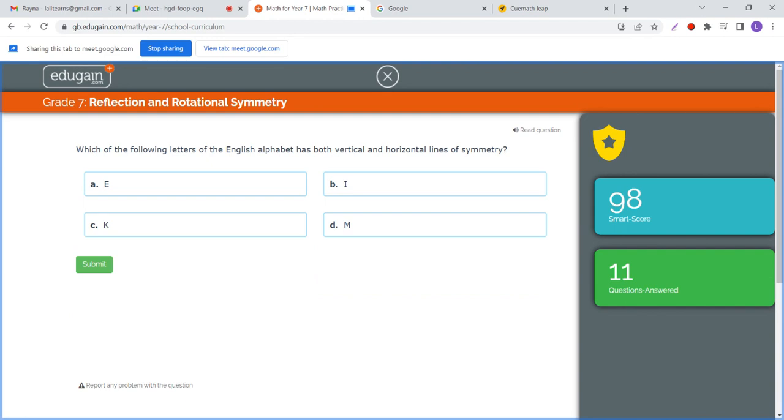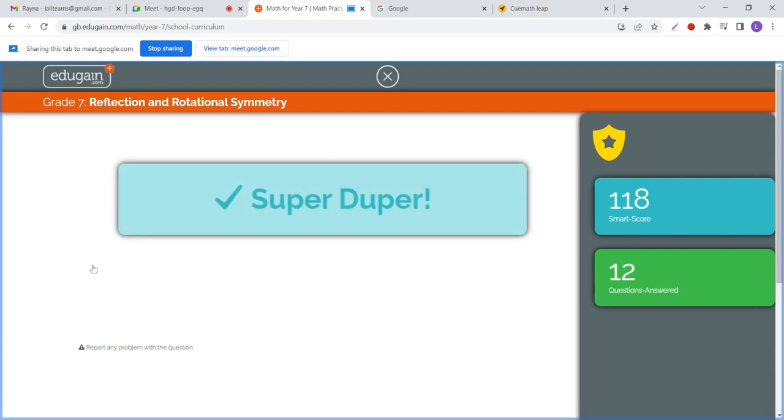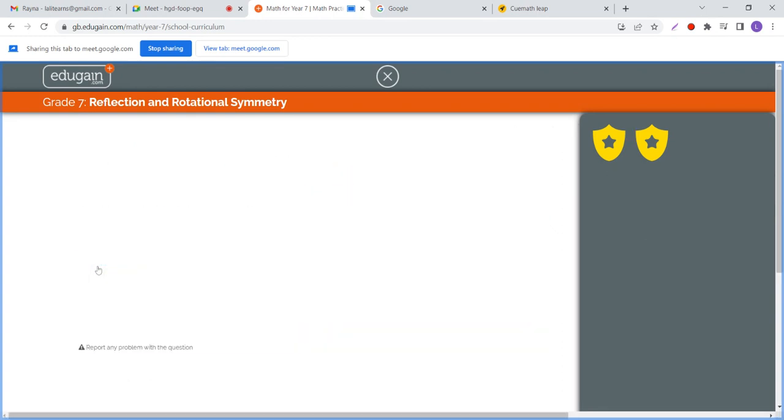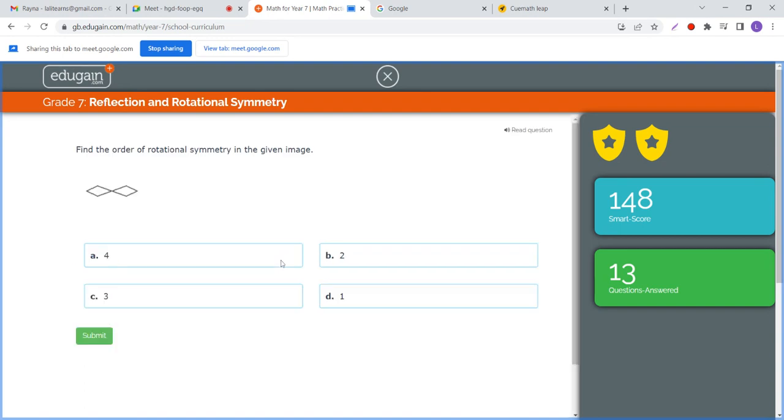I, B. Okay, that's great. What is the order of rotational symmetry of a square? Four. Great.